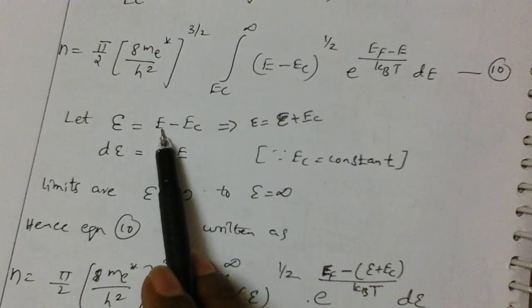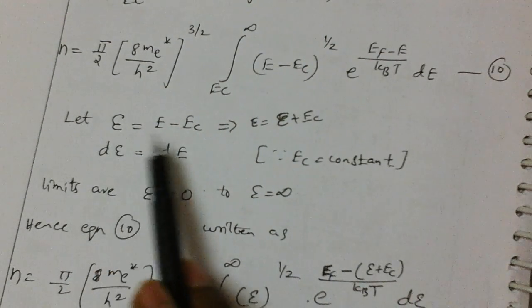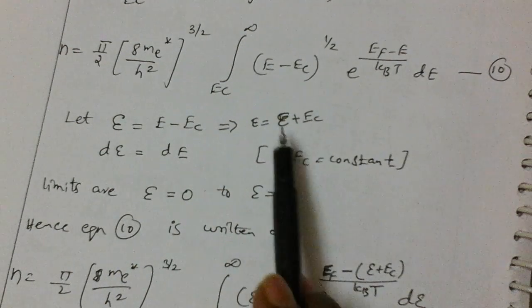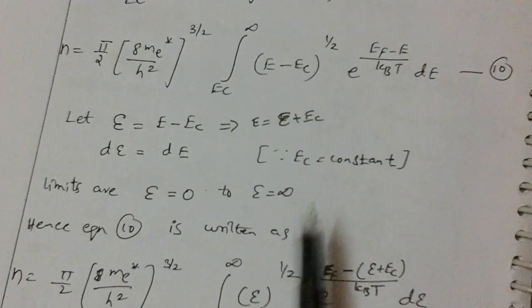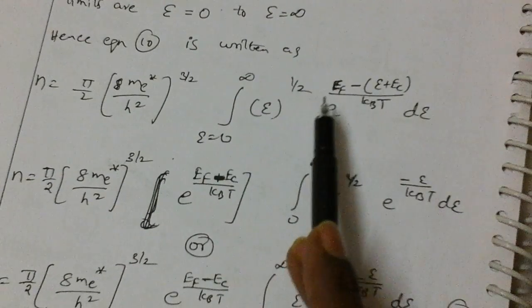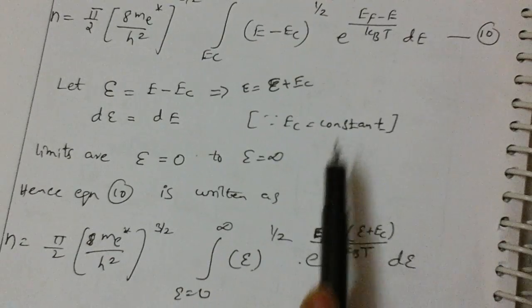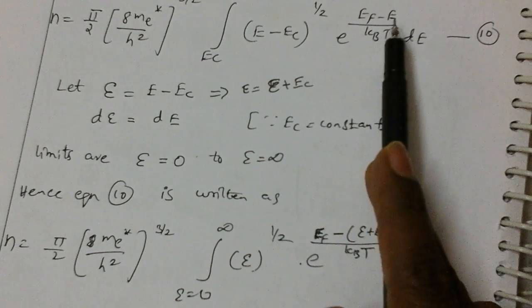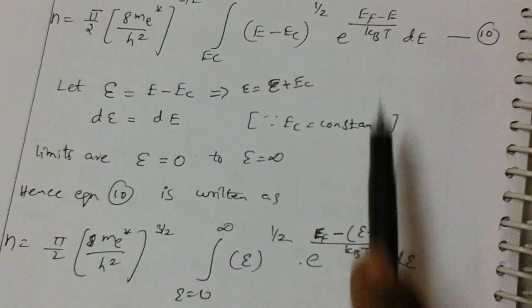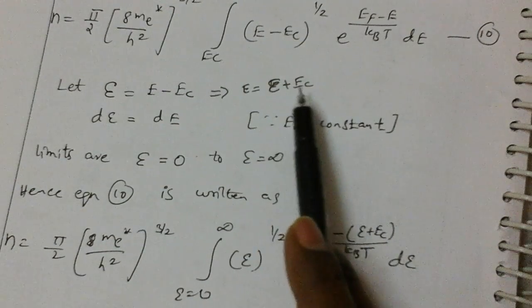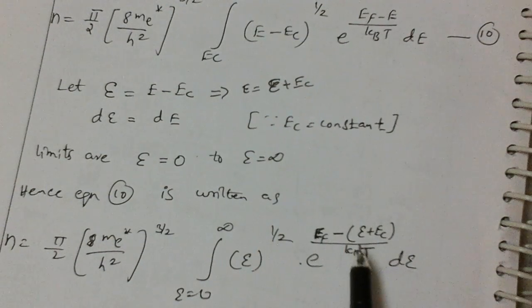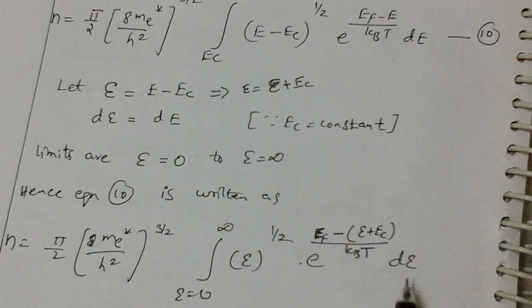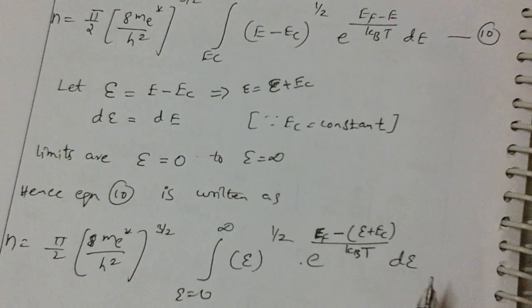You have to keep E here only, bring this value to this side, then small e goes outside, plus. So this E value you have to substitute. In the place of E, we are writing this value E plus E_c. So E plus E_c by kBT exponential dE as it is, we got it.